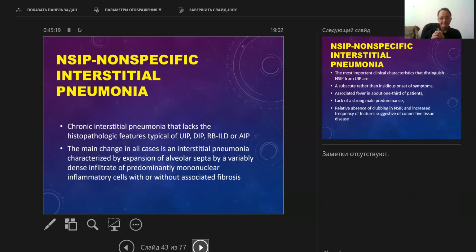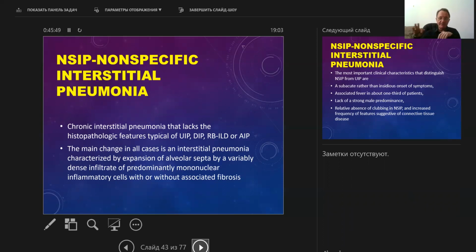The main change in all cases is an interstitial pneumonia characterized by expansion of alveolar septa by a variably dense infiltrate, predominantly mononuclear inflammatory cells, with or without associated fibrosis. That's why the ratio between inflammatory cells and fibrosis matters.